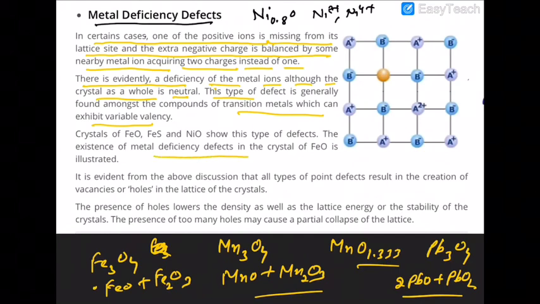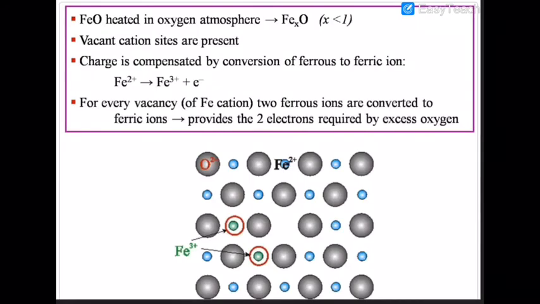The existence of metal deficiency defects is illustrated already to you. It is evident that all types of point defects result in the creation of a hole in the lattice. So there is one cationic vacancy here. Now what will happen when FeO is heated? Oxygen in the atmosphere gets lost.